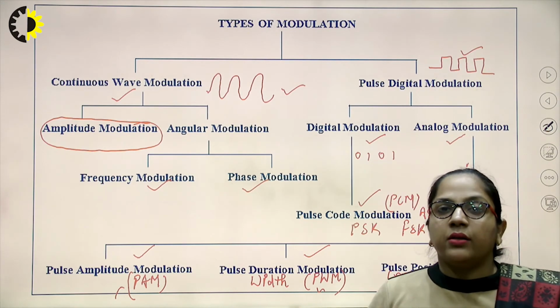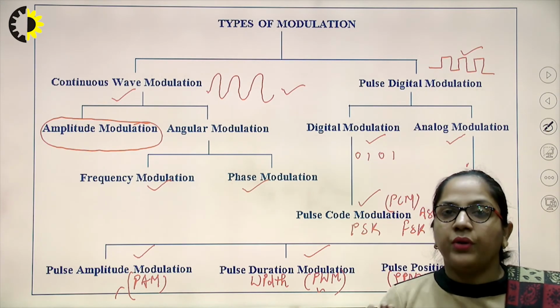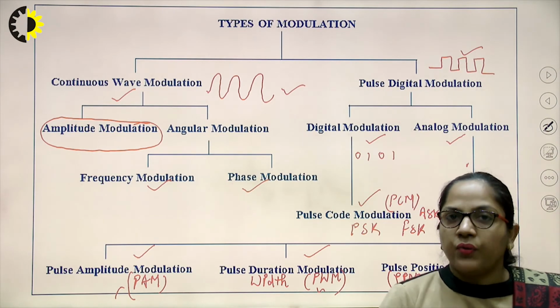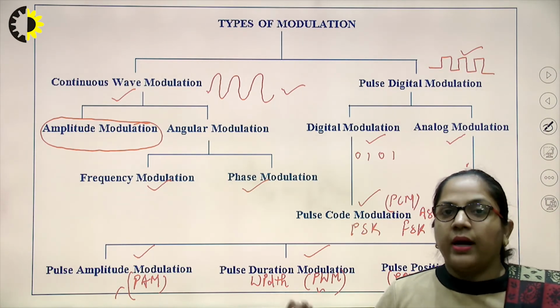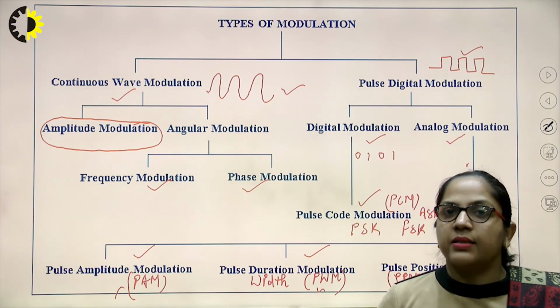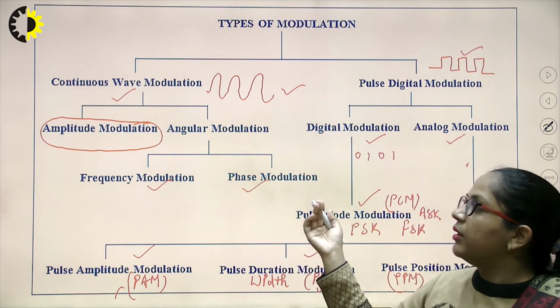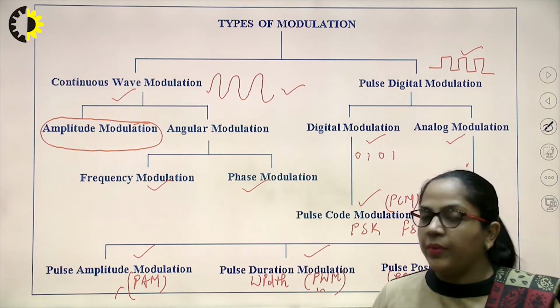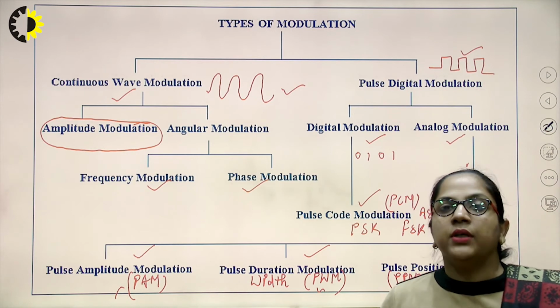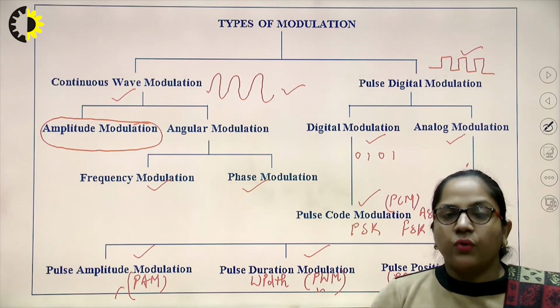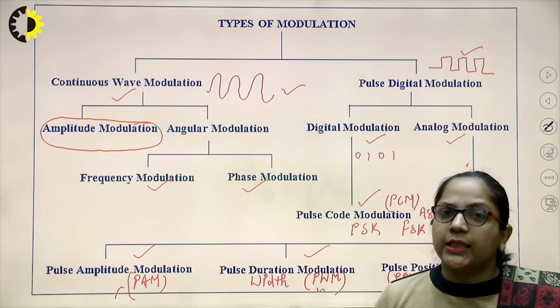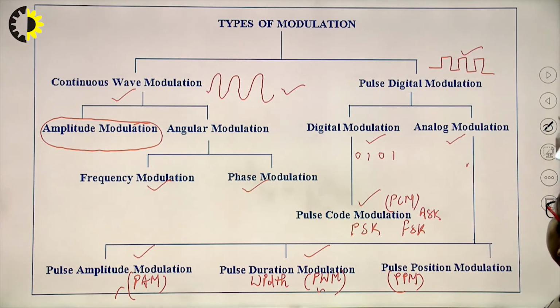So how can we superimpose our low frequency message signal over the high frequency carrier signal? We will discuss the method of generation, how we can then demodulate them, and what the methods are to retrieve our information, that is the low frequency signal, back from the modulated signal.